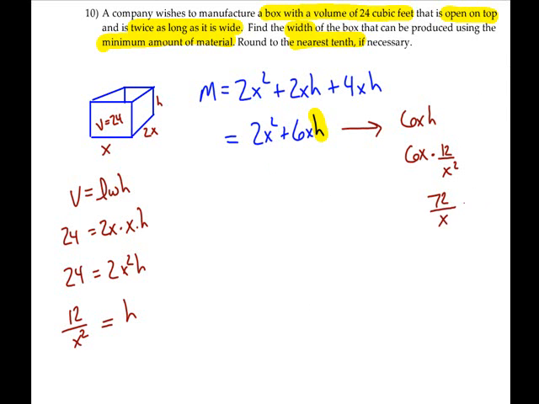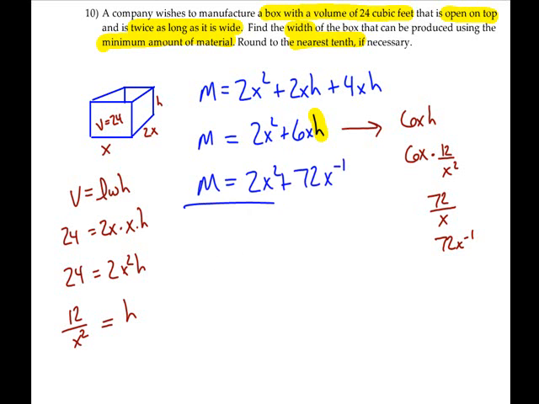So I could write that as 72 over x, or I could write that as 72x to the negative 1. So let's go ahead and rewrite this. My material function, or surface area, if you will, is 2x squared plus 72x to the negative 1, or 72 over x, however you want to write that.